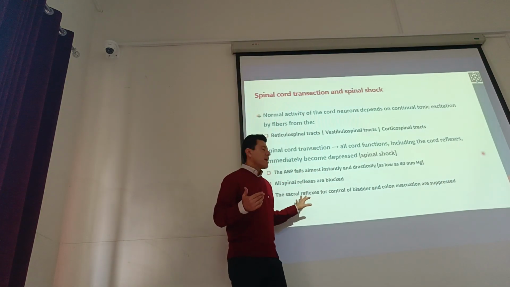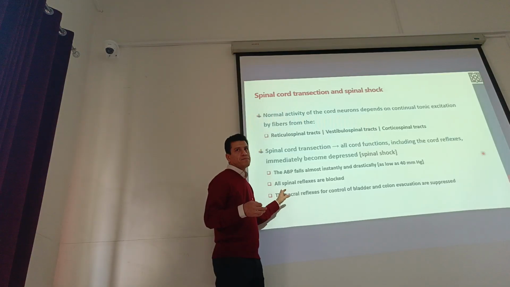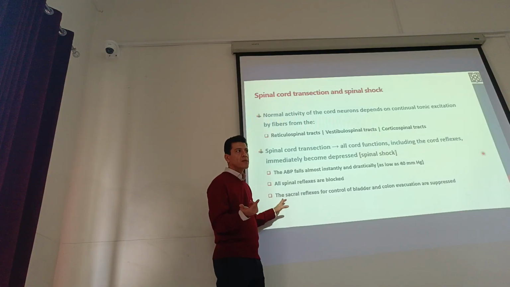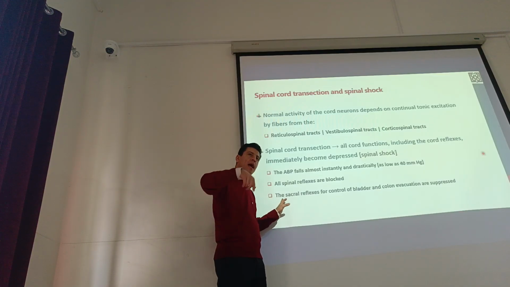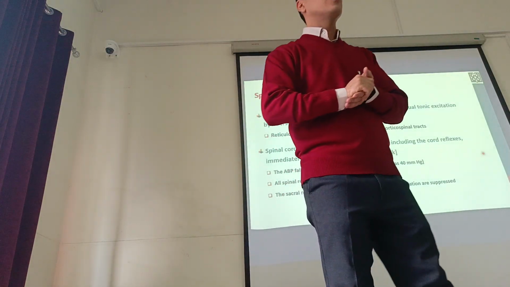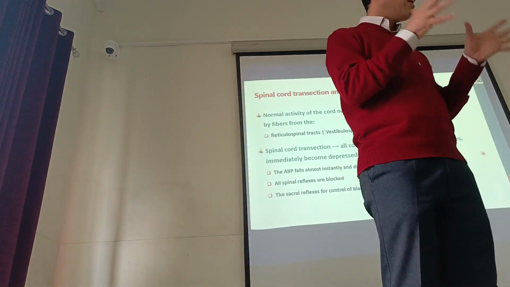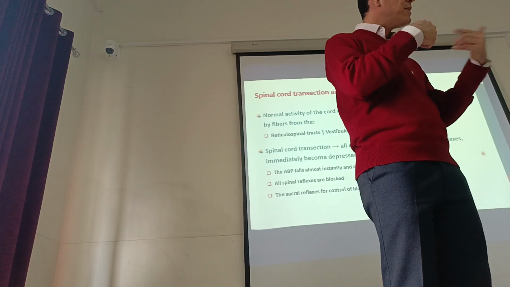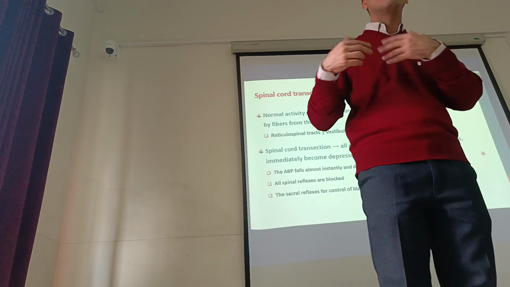And emptying of the bowel, the colon, and emptying of the bladder are also lost, because they are controlled by reflexes organized in the spinal cord. So the spinal cord is also important for emptying of the bowel and the bladder.